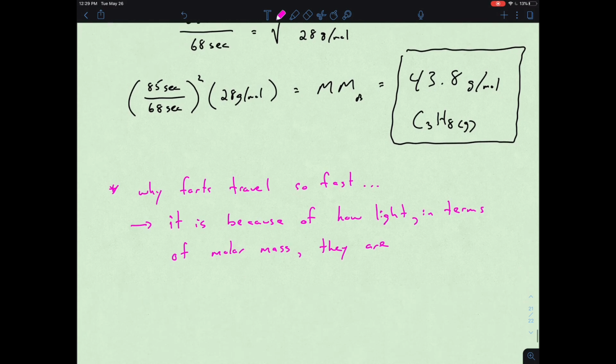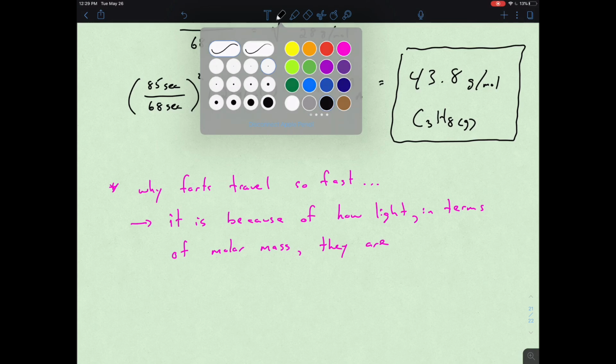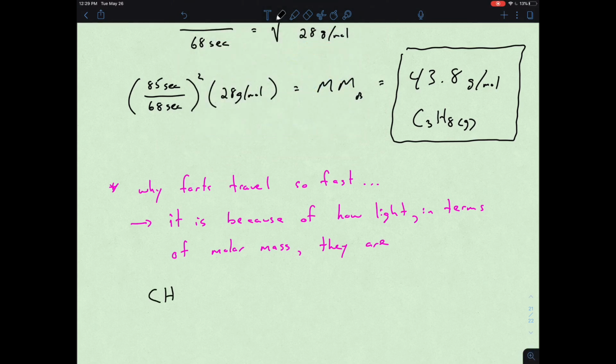If we think about what a fart is, well, it's methane. And what other types of gases are in a room? Well, we could say that there's nitrogen gas, oxygen gas, maybe CO2 gas, H2O.